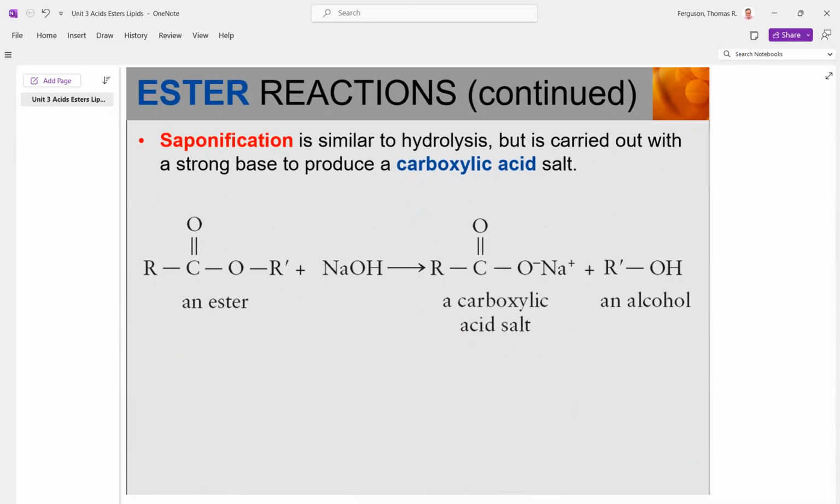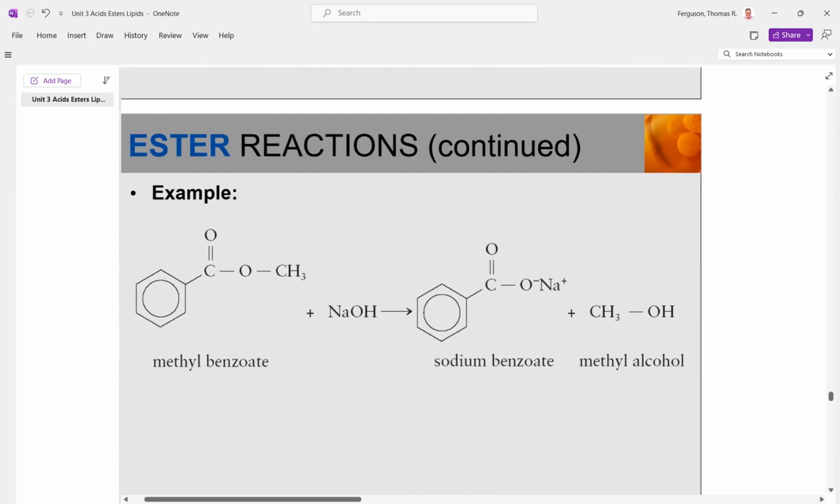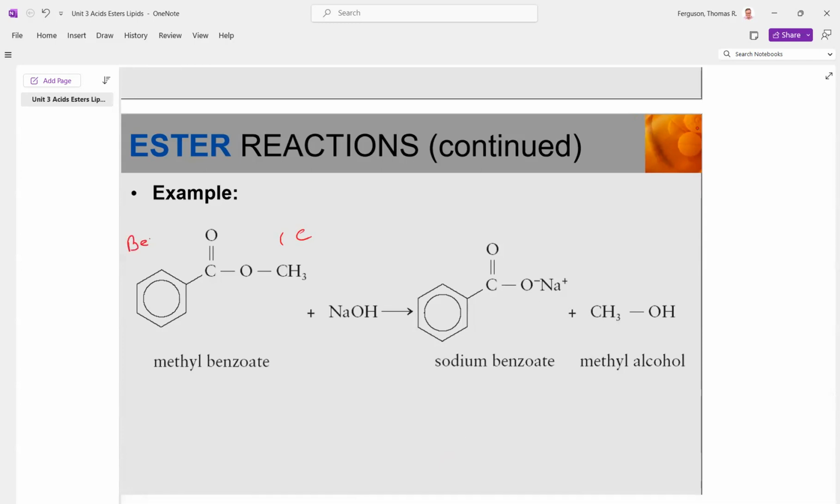So under basic or alkaline conditions, we end up making the acid salt and the alcohol. So here we're starting with a one carbon alcohol and a benzoic acid base.